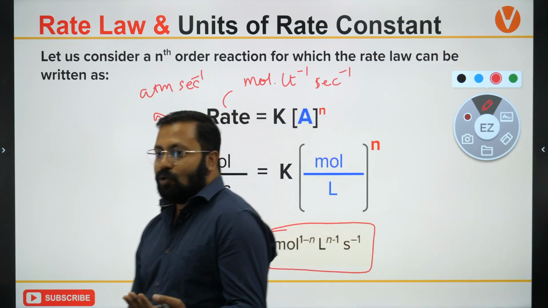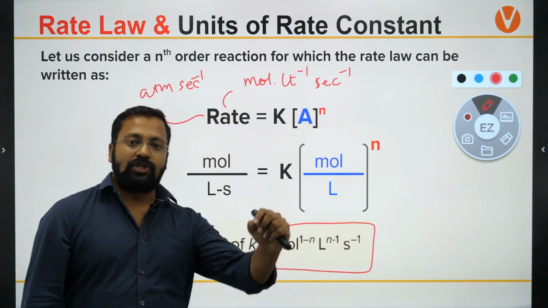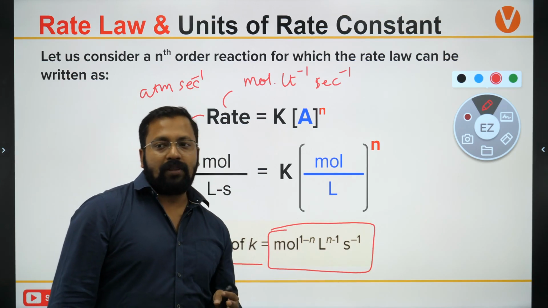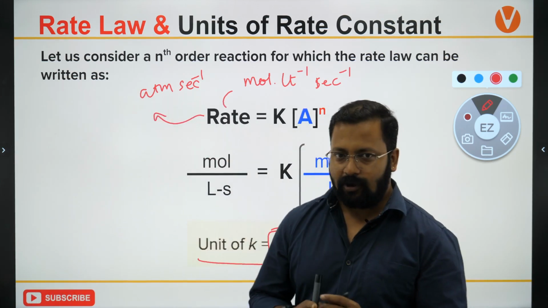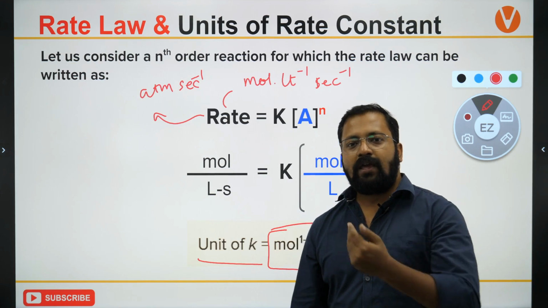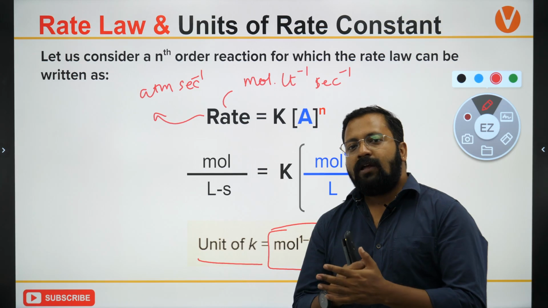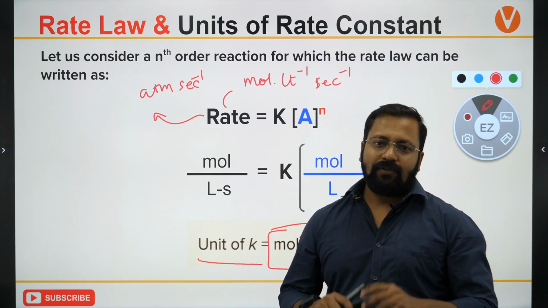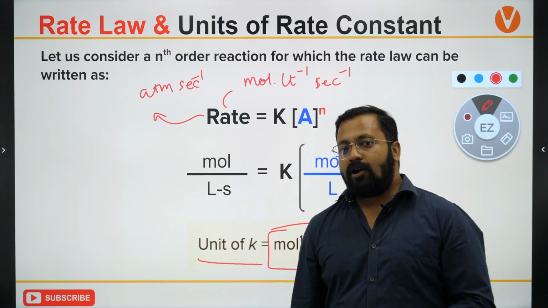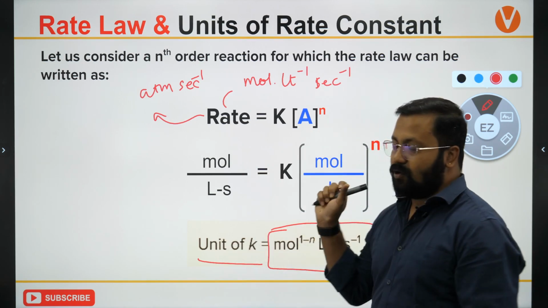Now it is important to know that you might be given a question and you are not being told what the order of the reaction is. A question is given, asking you to find half-life or something else, and you are not told the order of the reaction. How would you identify the order of the reaction? By looking at the unit of rate constant.